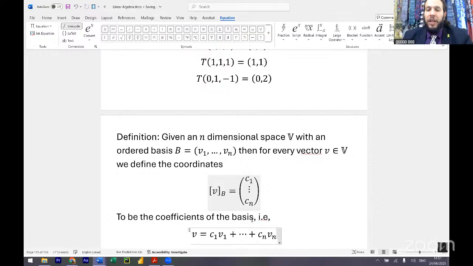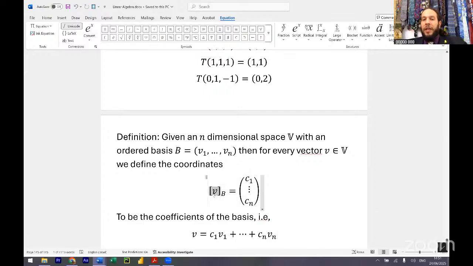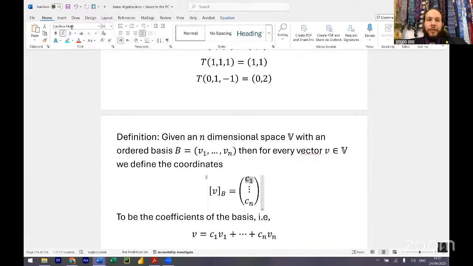I hope you realize that's exactly what I did before. I took an arbitrary vector and I wanted to find its coefficients according to the given basis. The basis there was (1,2,3), (1,1,1), (0,1,-1). Okay?